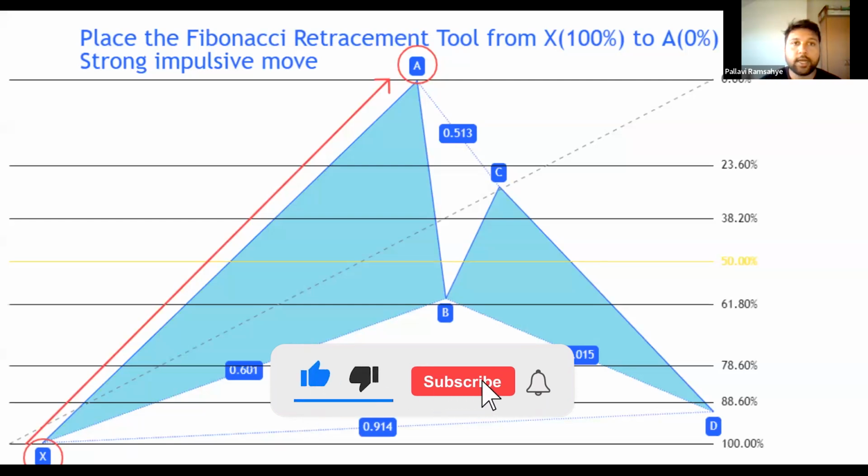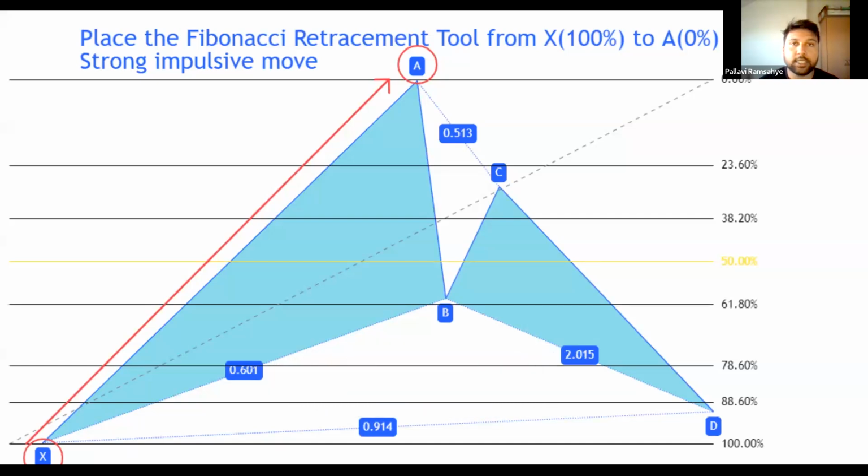So this morning when I placed the Fibonacci retracement tool on Euro USD, it was retracing between 23.6 and 38.2, okay? And I wanted it to do that because I was looking to catch more pips, right? The shallower the retracement, the stronger the impulsive move, okay?